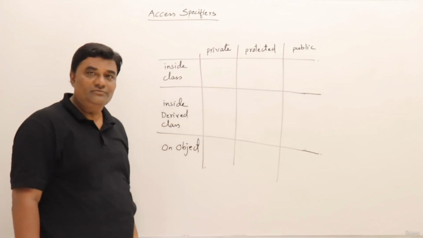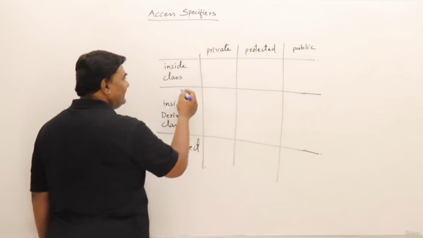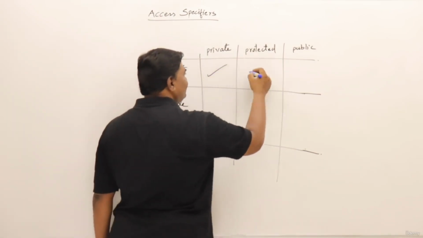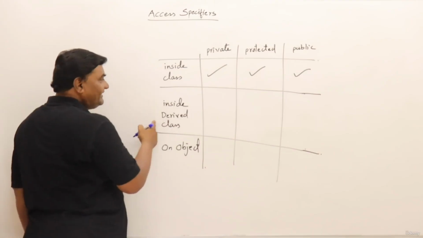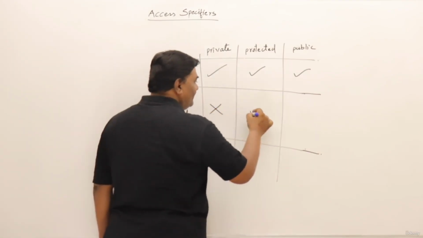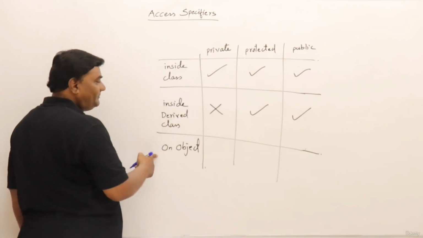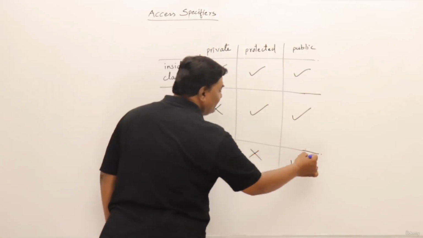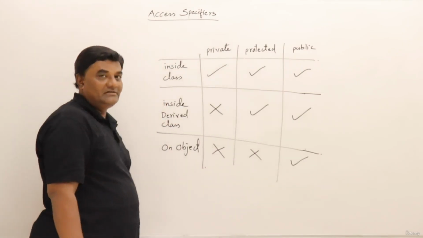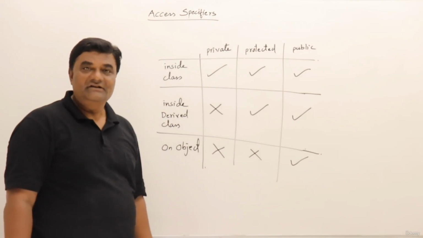So inside a class, wherever the members are declared, private is accessible, protected as well as public. What about inside a derived class? Private is not accessible, protected and public are accessible. Then what about upon an object? Private and protected are not accessible, and only public is accessible. That's it. This is what we have discussed.